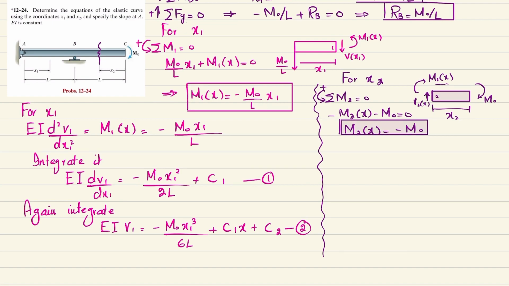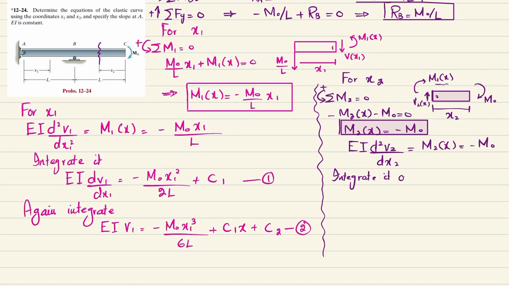Again we have to put it in this formula, EI d square v2 over dx2 square, because it is for coordinate x2, is equal to m2 of x, and that will be equal to minus m naught. So integrate it once.